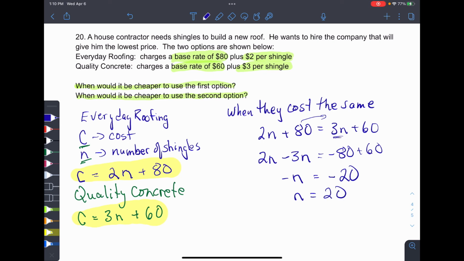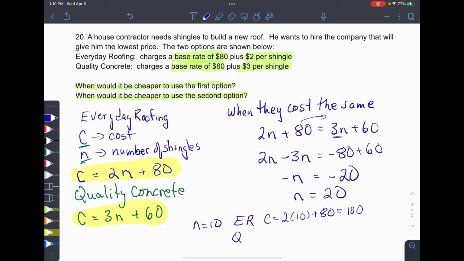So at 20 shingles, the two companies cost the same, and on either side one of them is going to be cheaper than the other. Which would be the case then? Well, we could test it. Let's say when n equals 10. When n equals 10, Everyday Roofing will cost 2 times 10 plus 80, which is equal to 100.